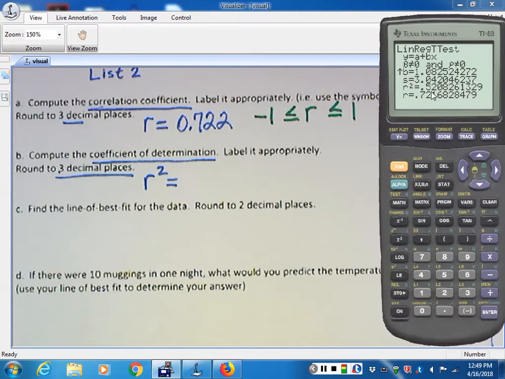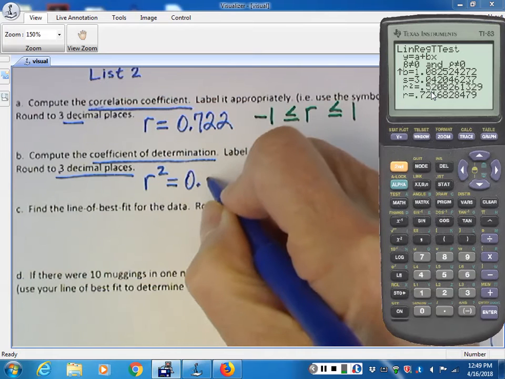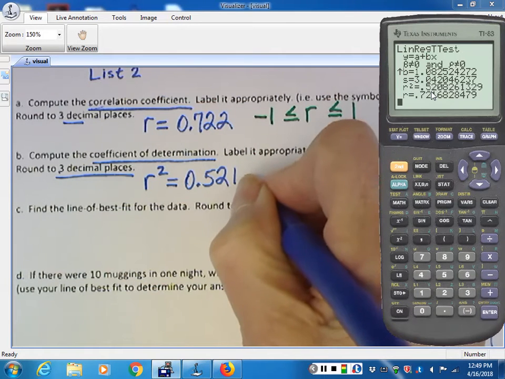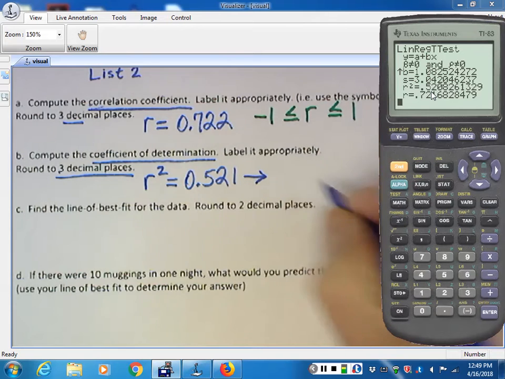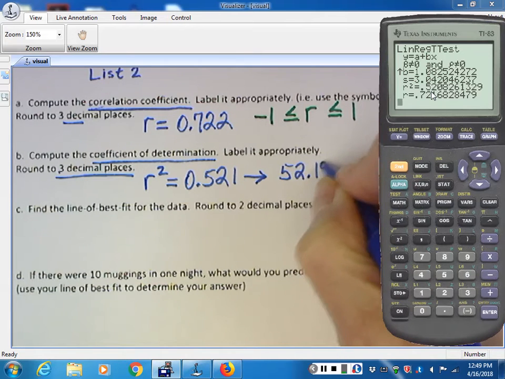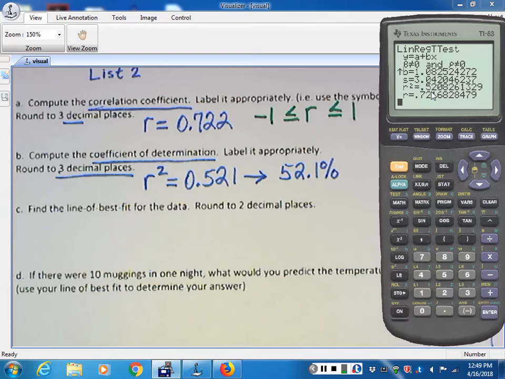The coefficient of determination is 0.521. And we always translate it into a percentage. We always state it as a percentage.